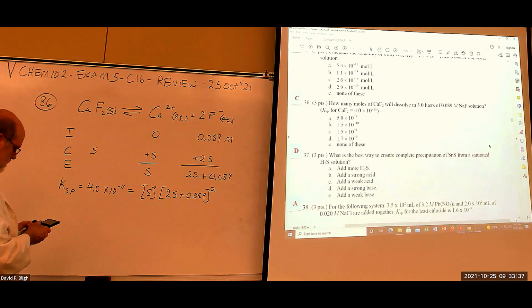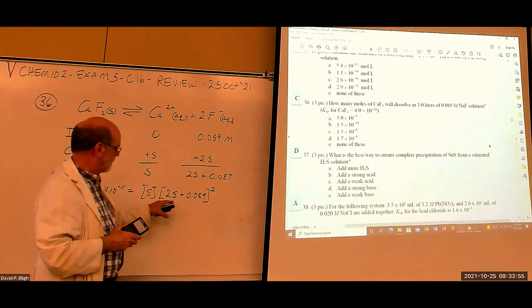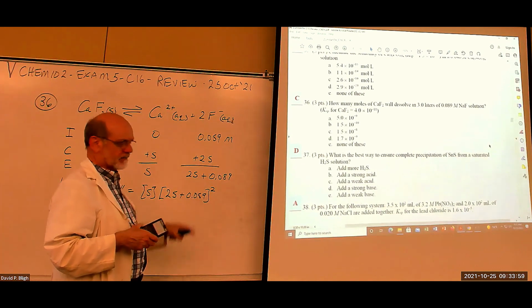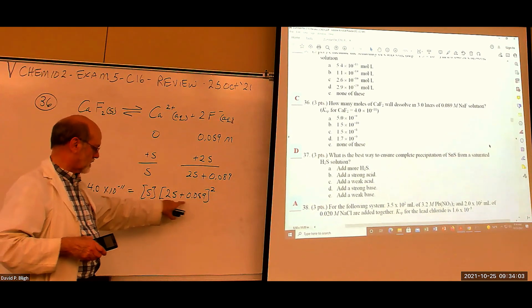Let's try it again. And then take the cube root. So it's about 2 times 10 to the minus 4. This is minus 2. I think this would be much, much smaller than that.